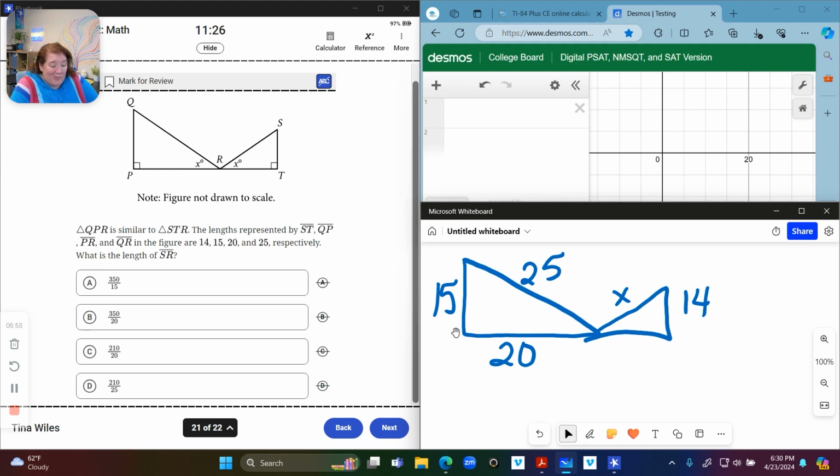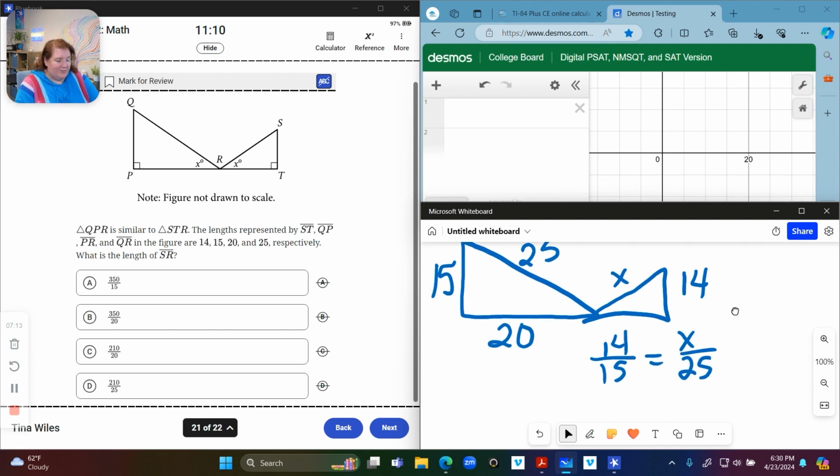So this is all about proportions. So we're going to do small triangle to big triangle, because they have to be the same side, is equivalent to small triangle to big triangle.